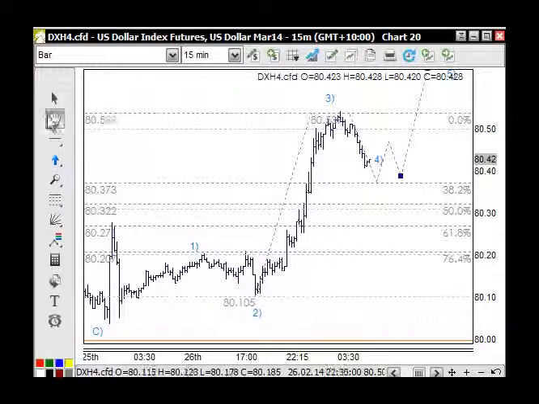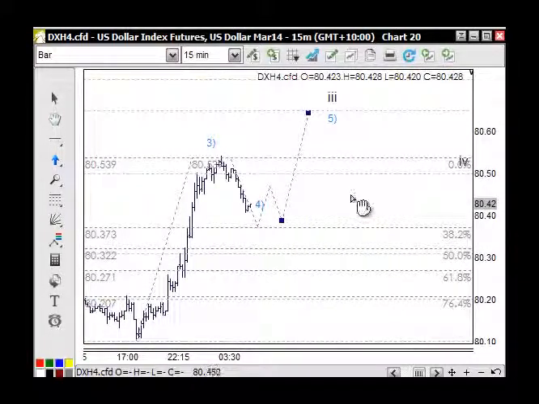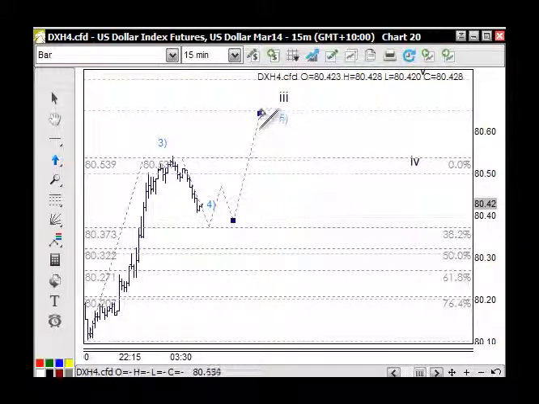So we've still got 2 or 3 sessions before we see this completely unfold. If we're going to see a bullish pattern, we'll see it like this, and we'll be back in on it over here.